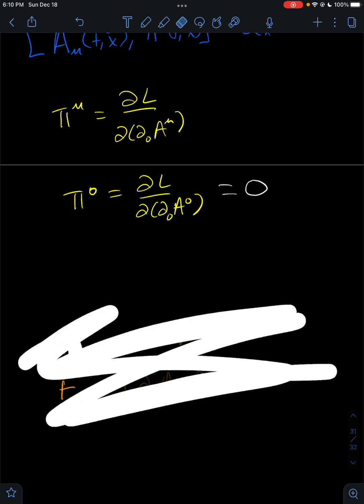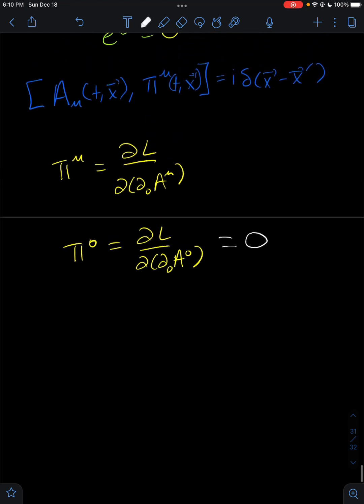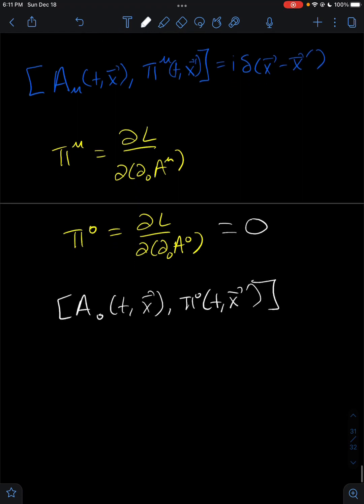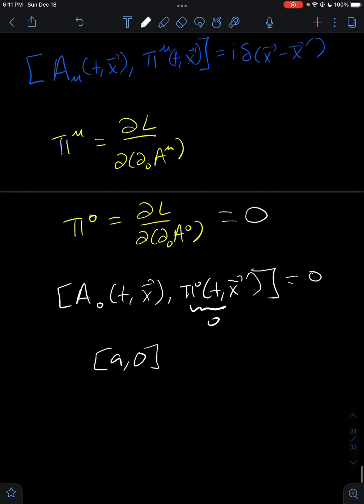So if that's the case, the commutator of A0(t,x) with pi0(t,x') should actually just give us 0, because the commutator between anything and nothing should give us 0, since that's just A times 0 minus 0 times A, which is 0.